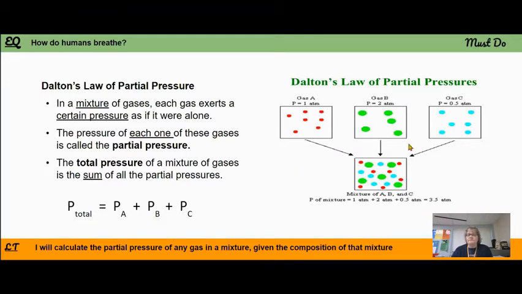And if you look at them, they coexist all together in one box, right? So that mixture of gases exerts pressure on the walls of the container. The pressure of each one of these gases is called the partial pressure.